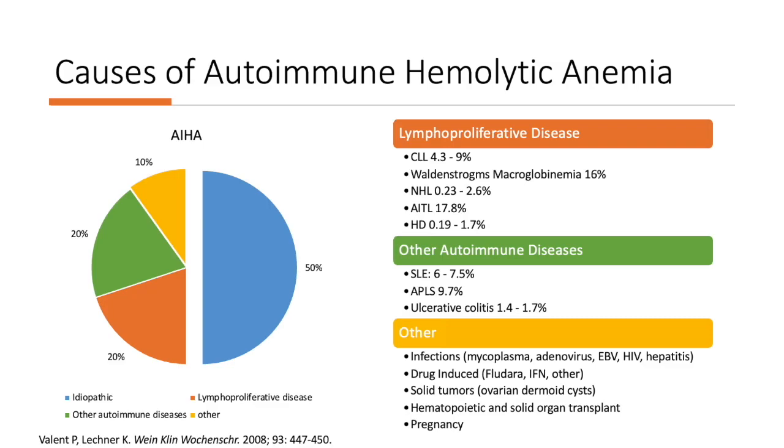About 20% are seen in association with autoimmune disorders, with lupus, antiphospholipid syndrome, and ulcerative colitis being the most common. About 10% of cases are other etiologies, such as infections, drug-induced autoimmune hemolytic anemia, solid tumors, including ovarian dermoid cysts, hematopoietic and solid organ transplant, and pregnancy.